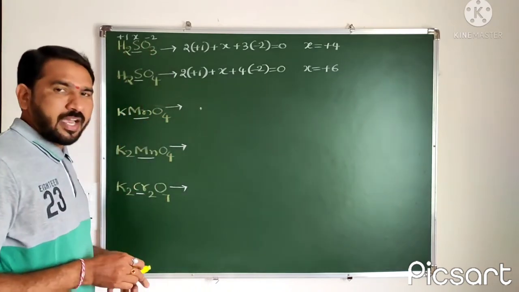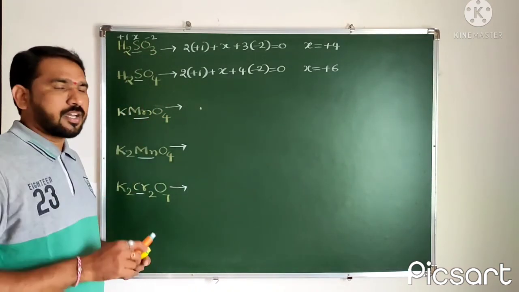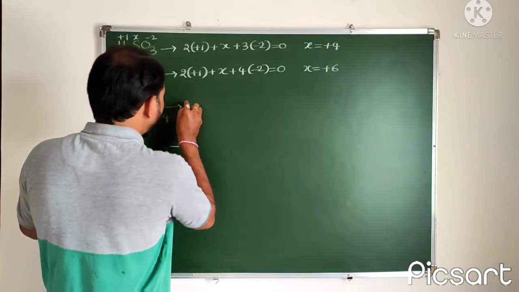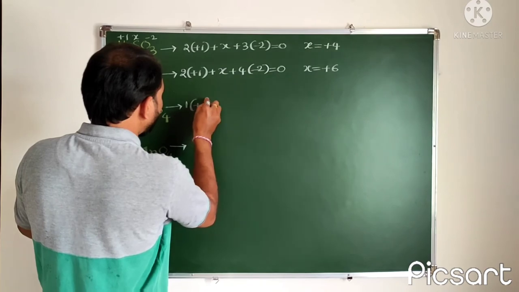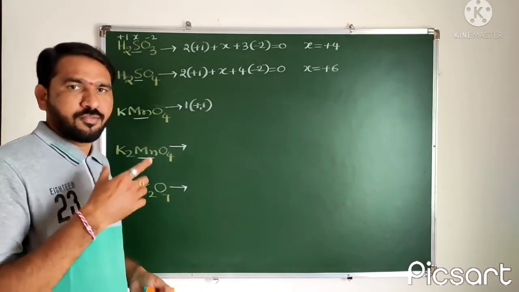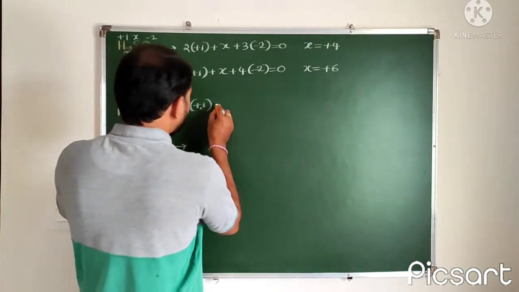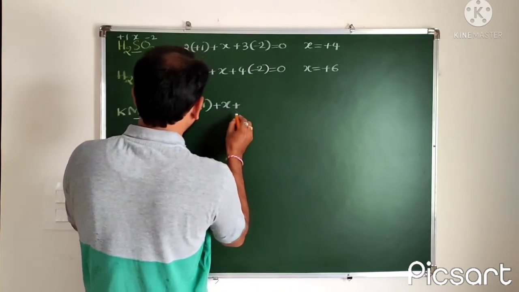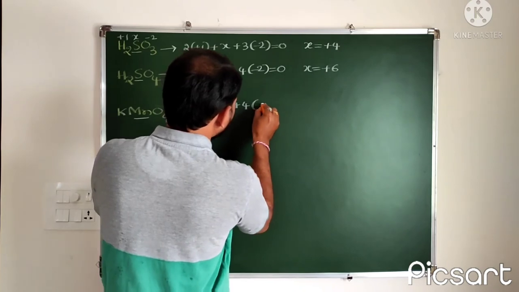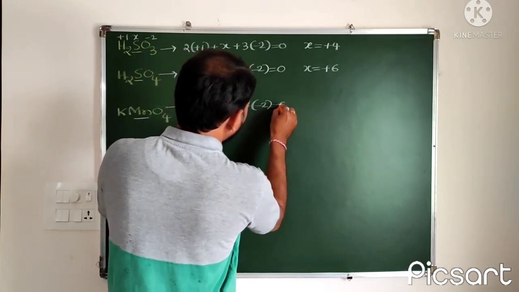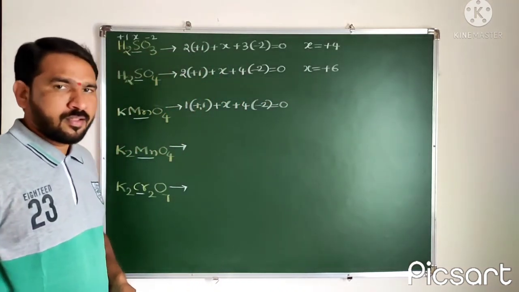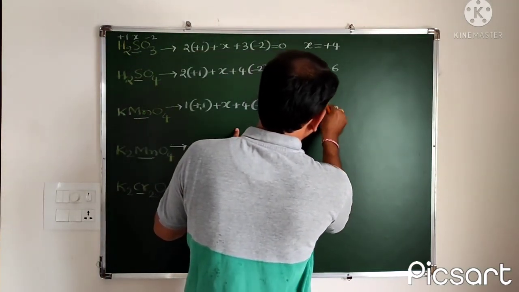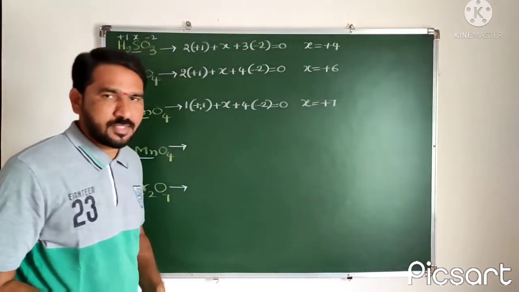Here also the same 3 atoms are there: potassium, manganese and oxygen. Potassium, 1 is there, its oxidation state +1 because of group number 1. Then coming to manganese, 1 only there, its oxidation number X, we need to find out that only, and number of oxygens 4, each oxygen -2 oxidation state, that equals 0. So here X will be what? +7. Is it clear?